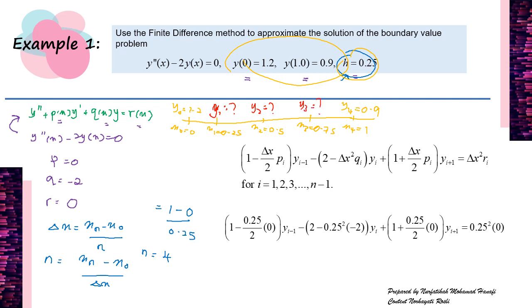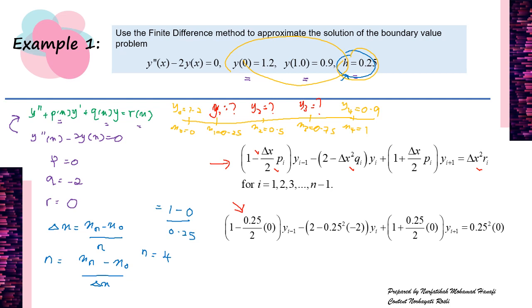Okay, now let's substitute all the information we have into this formula. We have delta x, we have our p, q, and r. Substitute everything, and we simplify the equation.